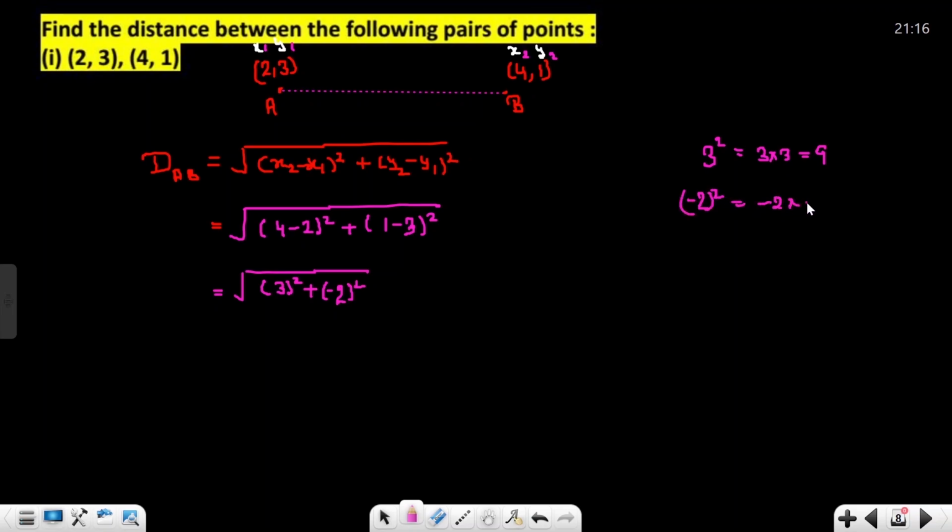Minus 2 into minus 2. Minus into minus is plus, 2 into 2, 4. The minus 2 square value is 4. So here 3 square means 9 and 2 square means 4. The exact answer is root 13.